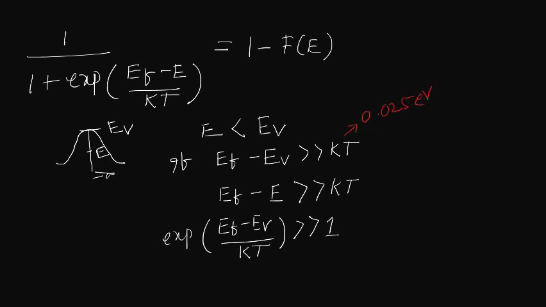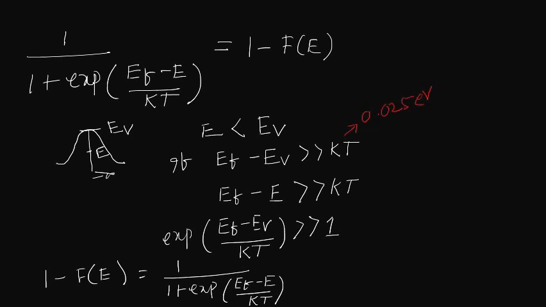Using this, 1 minus f of E is equal to 1 divided by 1 plus exponential to the power (EF minus E) divided by kT, which is nearly equal to, ignoring the value of 1, e to the power minus (EF minus E) divided by kT.